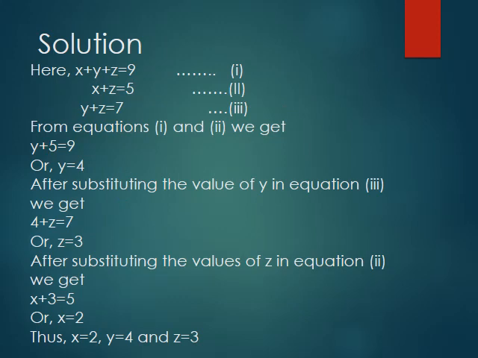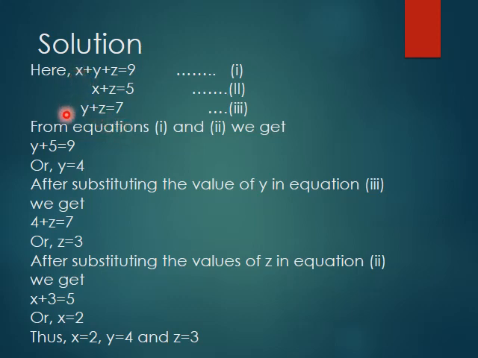So we have three equations: x plus y plus z is equal to 9, x plus z is equal to 5 and y plus z is equal to 7. We can eliminate some of the variables from the first and second. If we write the value of x plus z as 5 in place of x plus z, we get y plus 5 equal to 9.